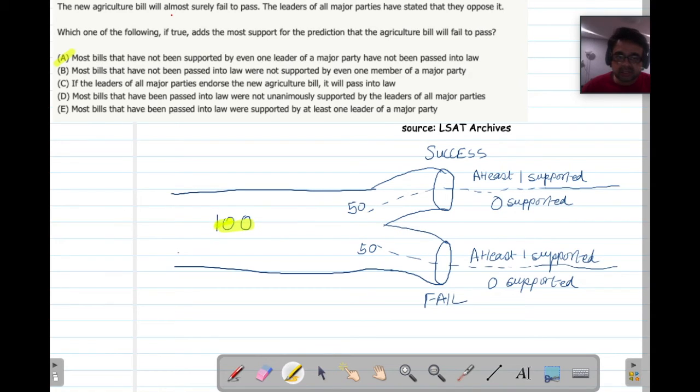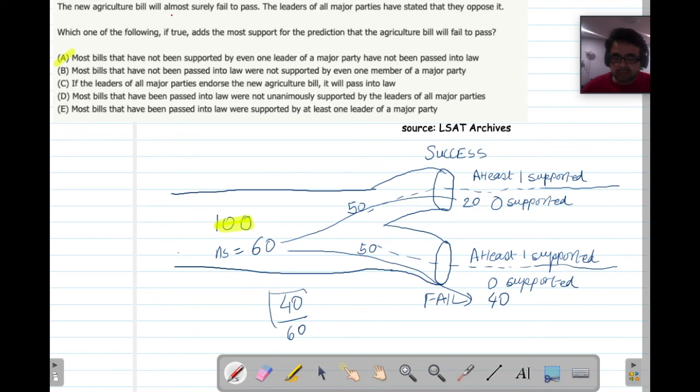So let's say out of 100 we had 60 bills that are not supported, right? Not supported bills are 60. It says that the majority of them, most of them, haven't succeeded. So the failures would go to 40 and the successes would go to 20. And this clearly states that since 40 failed out of 60, most will fail. And that is why A supports the prediction more than B or E.